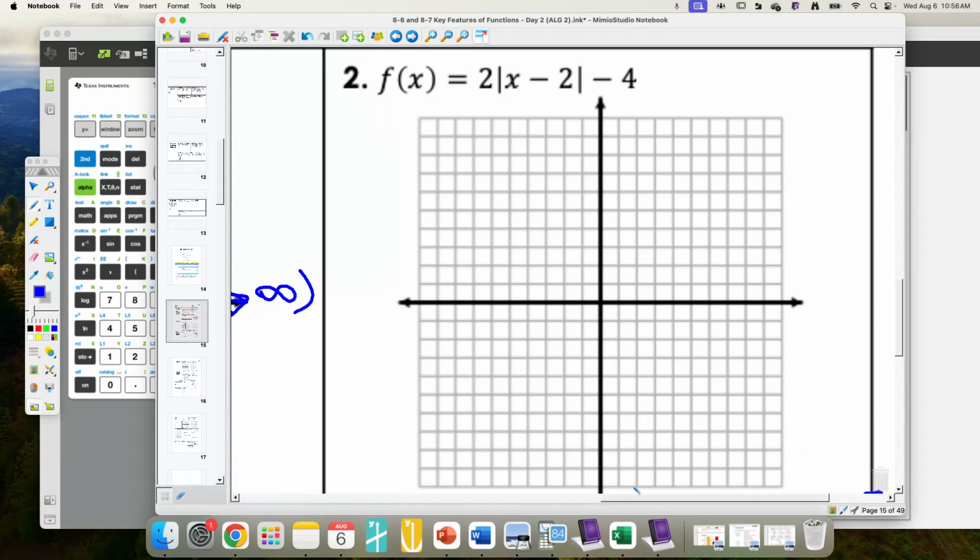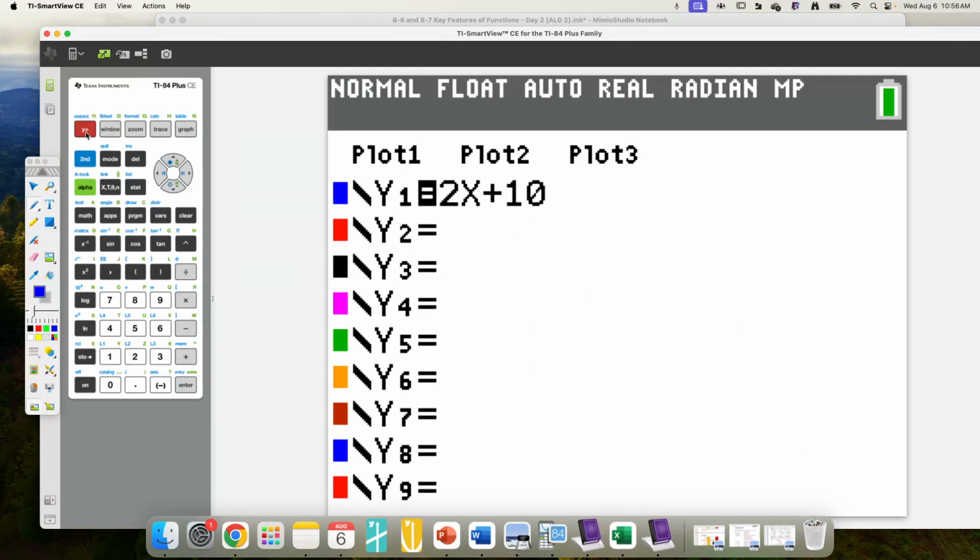All right, so the equation, we go to y equals again. It had a 2. Now do the bars. Crap, I didn't do it.